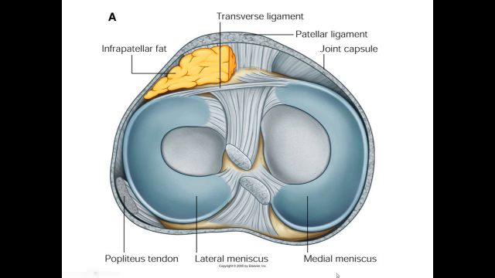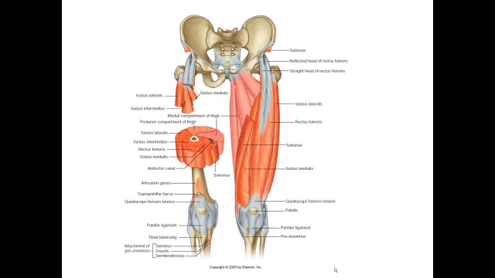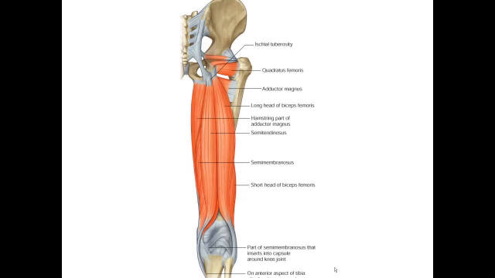So it gives us about 20 to 30 degrees of external tibial rotation as the knee is completing extension. So that again contributes to the stability of the knee. All right, well that is pretty much the review of the tibiofemoral joint that I wanted to do.